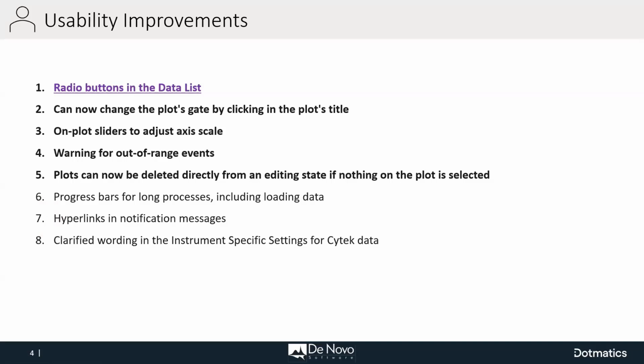Progress bar. So we started, and we will keep adding a progress bar when performing any type of action that takes more than a second. For example, if you're loading data from the network and it takes a fraction of a second, then you will not see any progress bar.